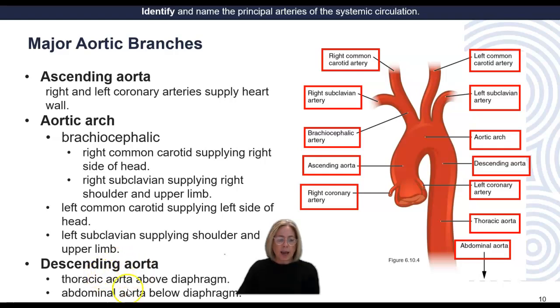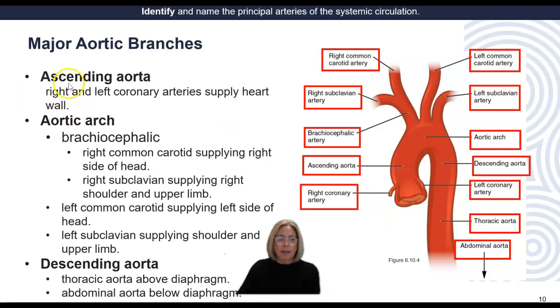The descending aorta is the longest part of the aorta, and it's further subdivided into the thoracic aorta, which you can see here, the part of the aorta above that sheet of skeletal muscle called the diaphragm, and then the abdominal aorta, which is the part of the aorta below the diaphragm.